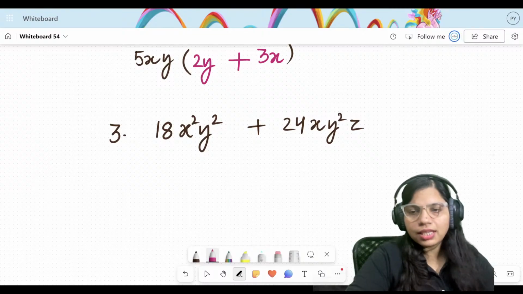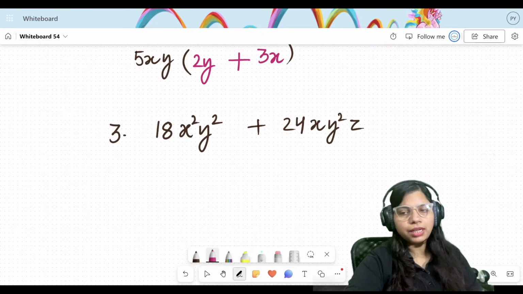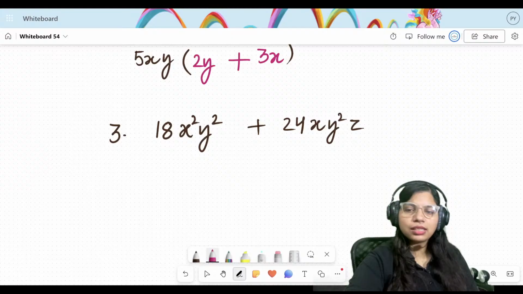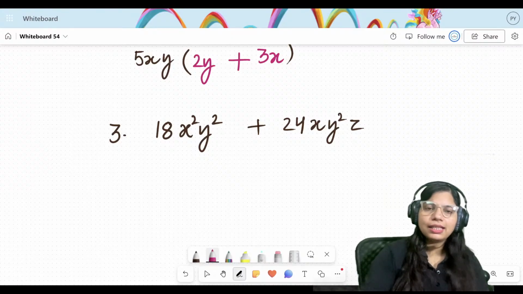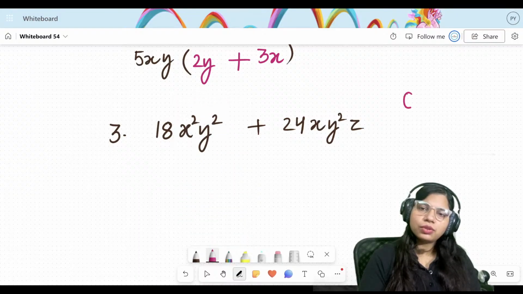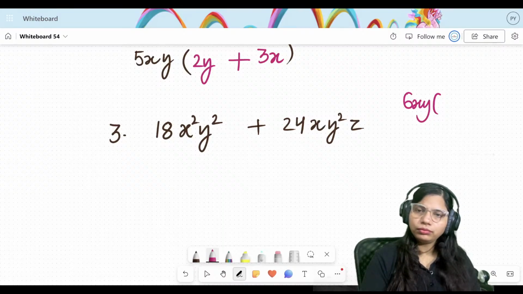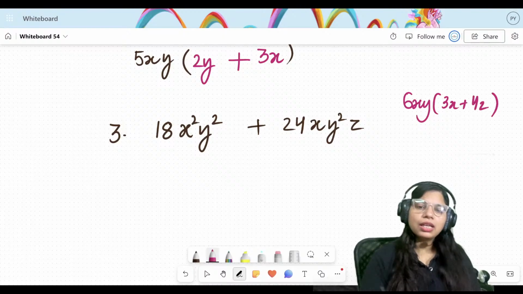So Kriti says 6xy outside the bracket, inside 3x plus 4z. Let me write and let's check if it is correct, Kriti. Let's see.